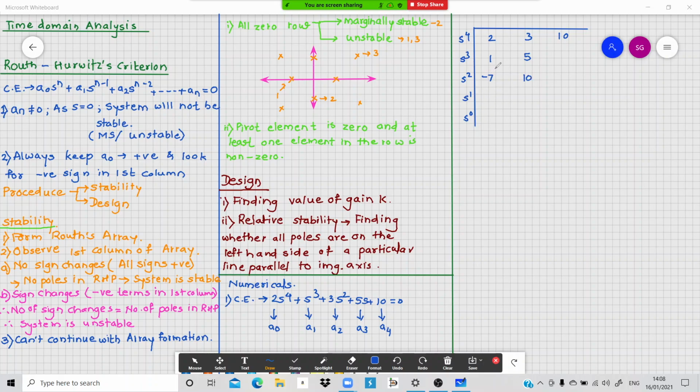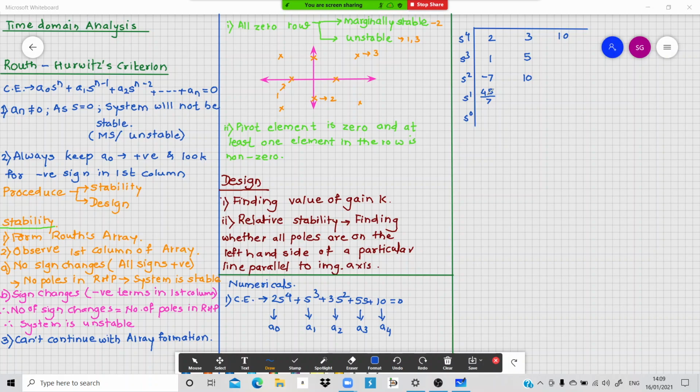Minus 7 into 5 minus 1 into 10 divided by minus 7. So minus 35 minus 10, minus 45 by minus 7, and minus minus will get cancelled out. So it will be 45 by 7.